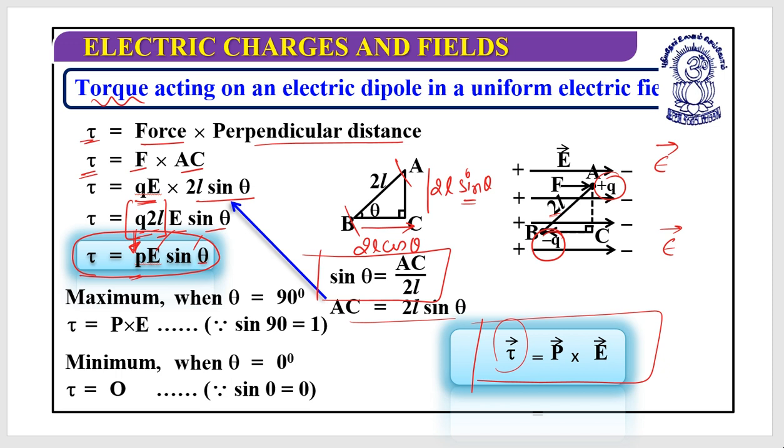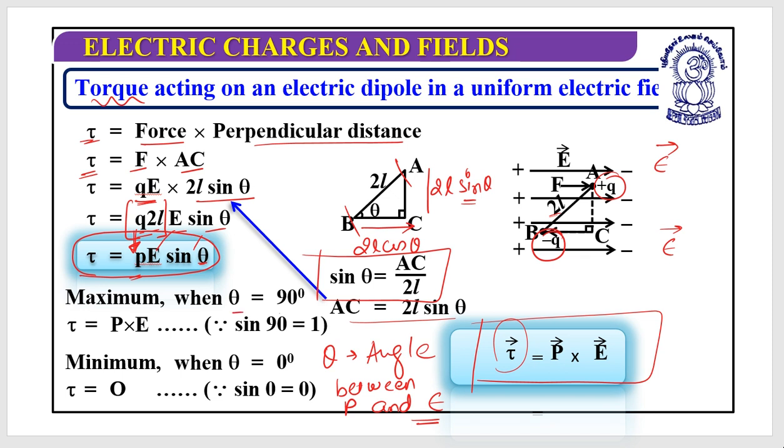Now, first thing, what is theta? Theta is the angle between the dipole moment p and the electric field E. So torque equals pE sin theta.